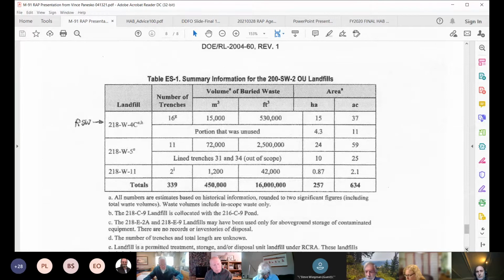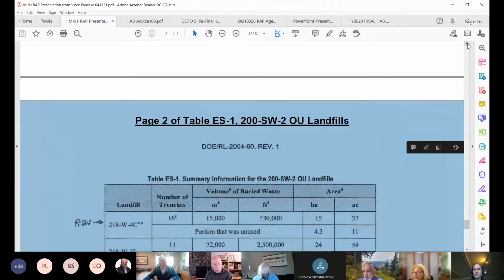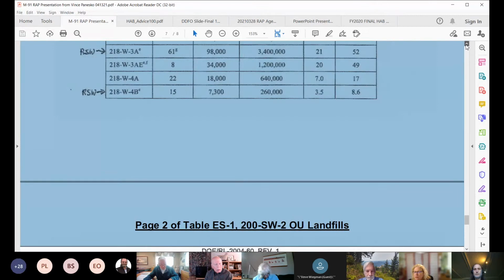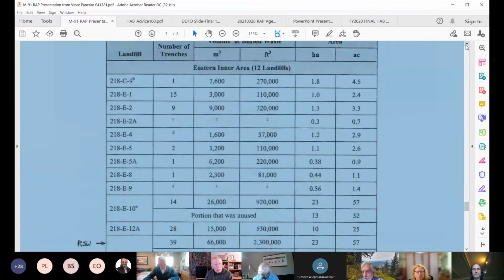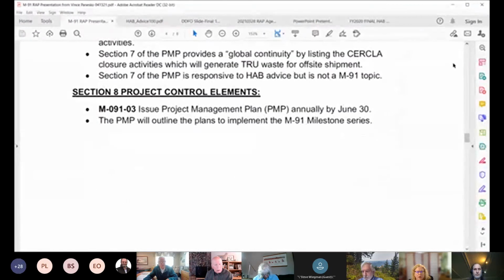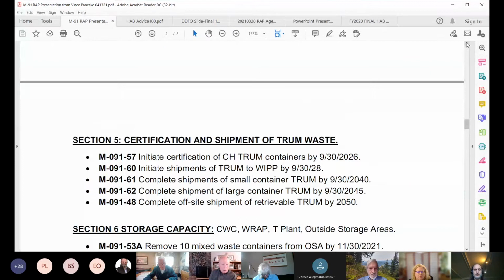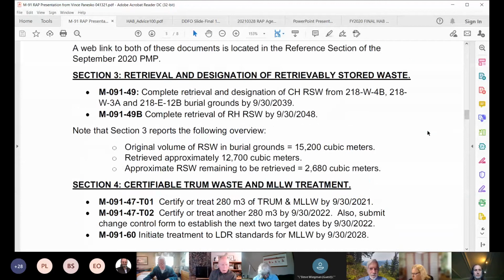If you go back up to slide 3, milestone 49B says complete retrieval of remote handled RSW by 2048. So it does address that, and that's going to require some facilities.